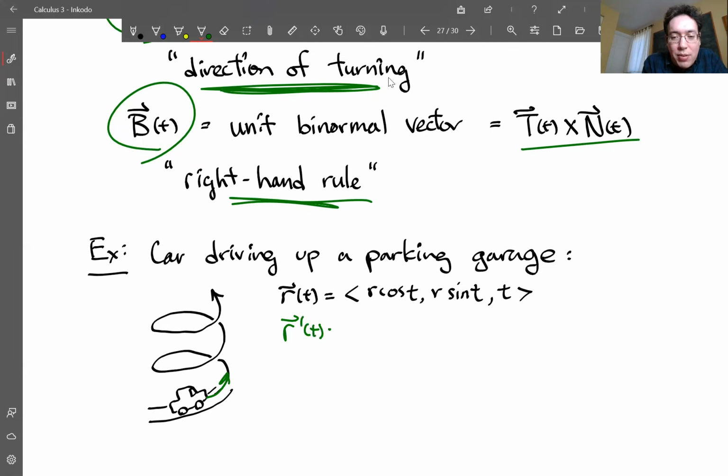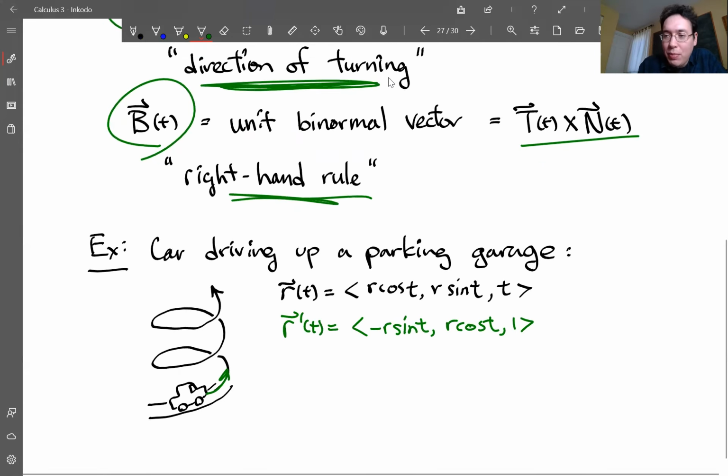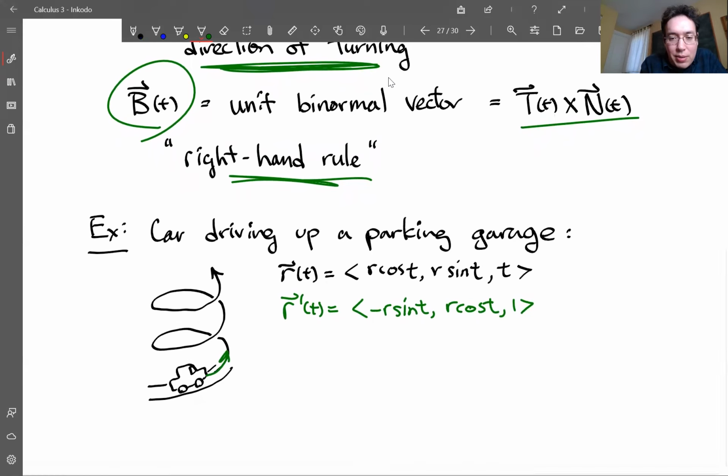So we take a derivative. Okay, and this gives us the direction in the unit tangent, but we have to divide by the magnitude to get it into a unit vector. So let's compute the magnitude.